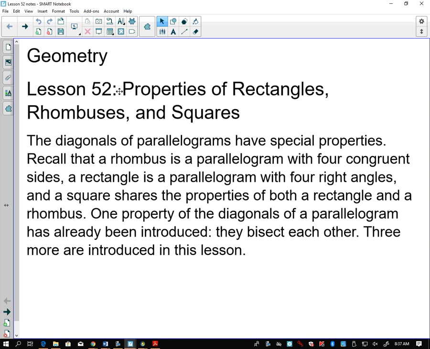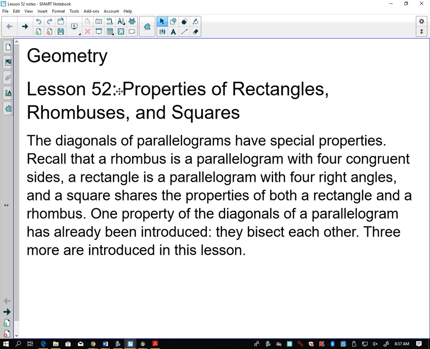So that's the only time a rhombus is a rectangle, is when that rhombus is also a square, because that square is also a rectangle. Okay? So it's kind of a Venn diagram of a situation, if you know what I'm talking about there. A square shares the properties of a rectangle and a rhombus.